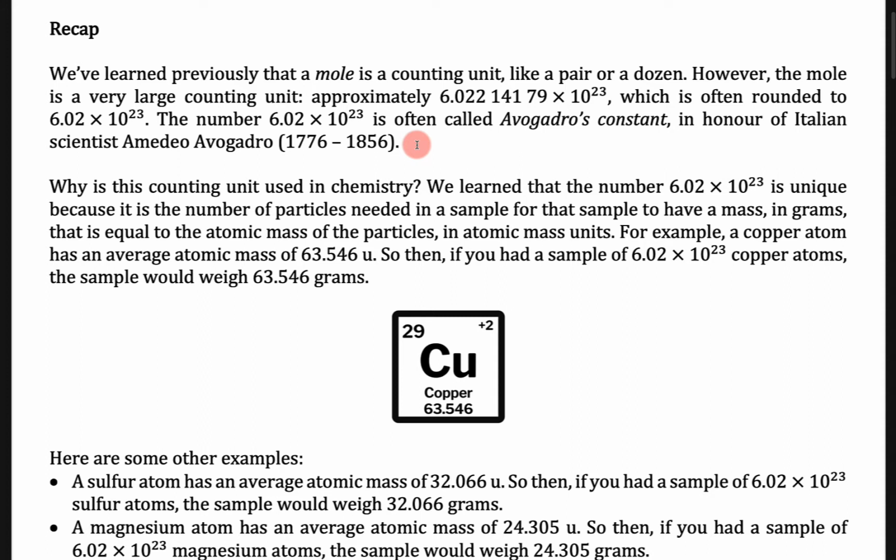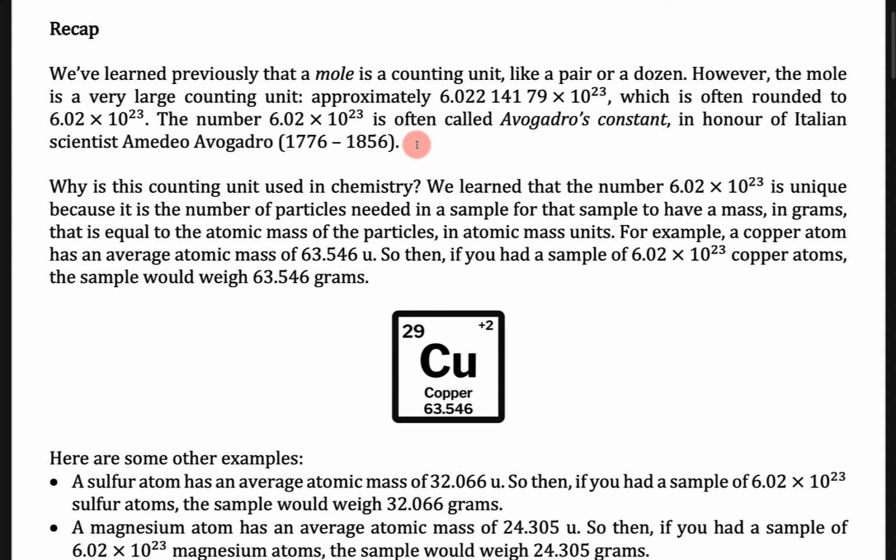Now, 6.02 times 10 to the 23 is a very, very large number. Said out loud, it's 602 hexillion. The reason the number is so large is because it's used to count things like atoms and molecules, and atoms and molecules, of course, are very, very small.